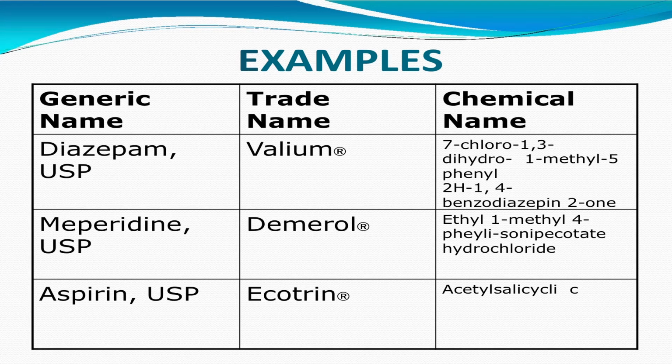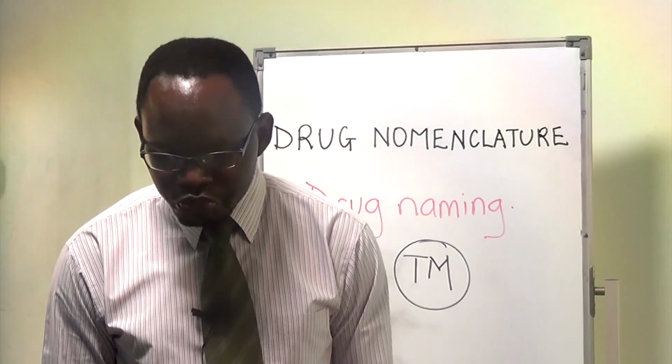It's known as Ecotrin by one of the manufacturers, and acetylsalicylic acid is the chemical name. So those are the examples of generic names, trade names, and chemical names of these drugs.